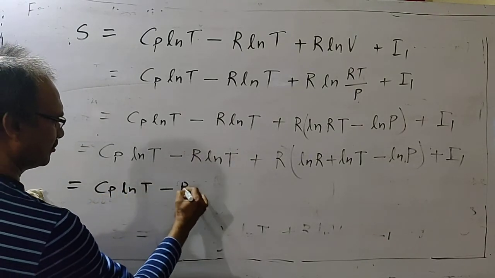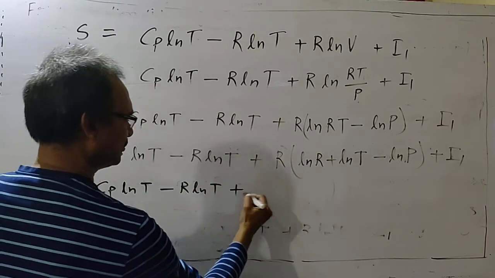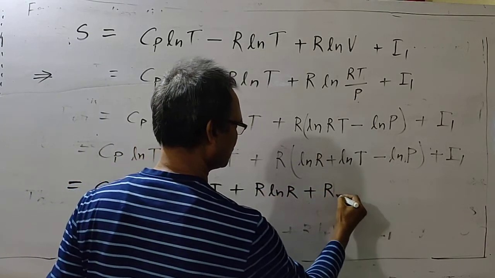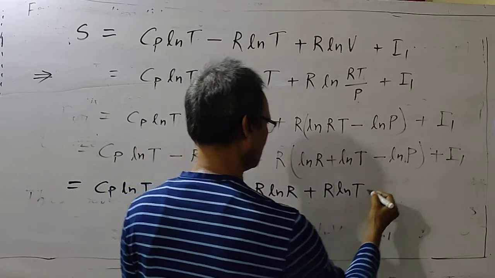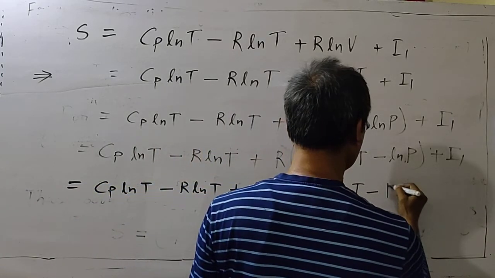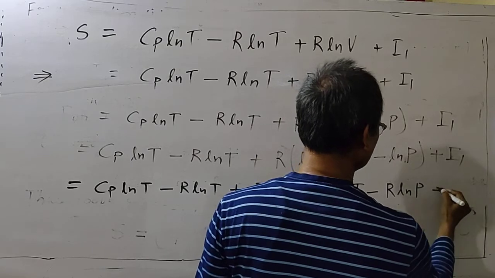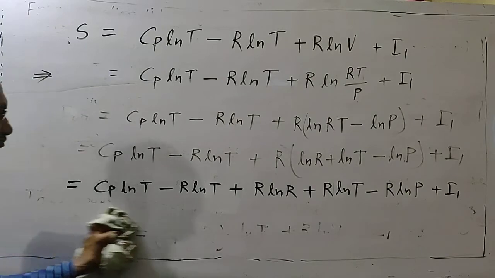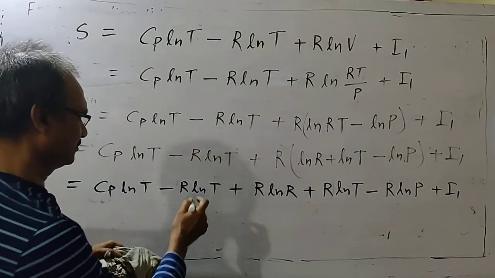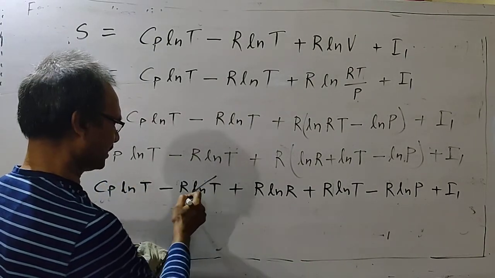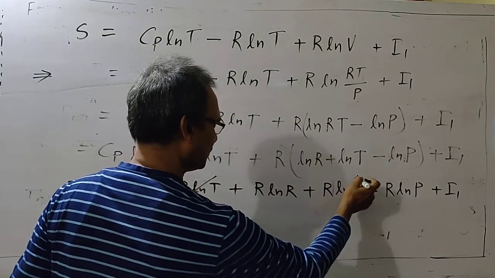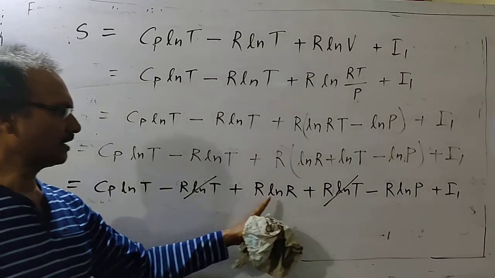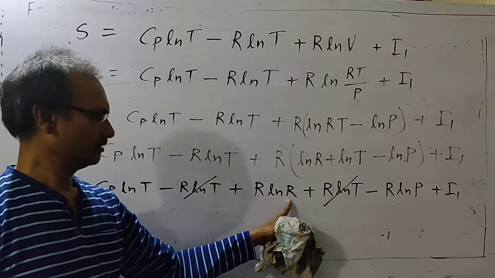Cp ln T minus R ln T plus R ln R plus R ln T minus R ln P plus I1. Here minus R ln T and plus R ln T are cancelled, and this R ln R is a constant.